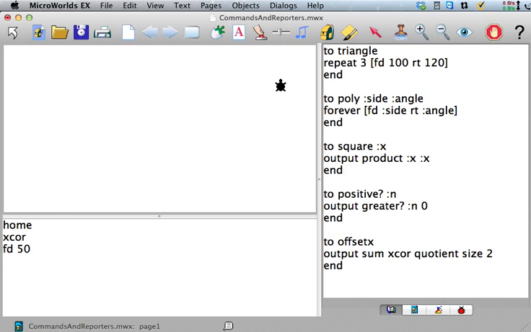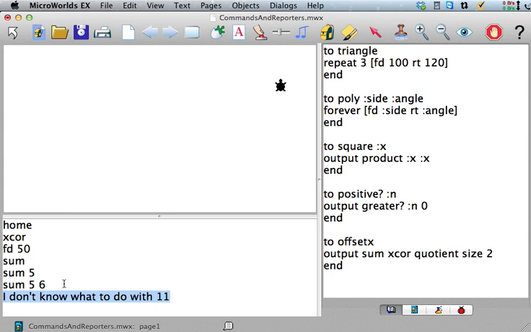And then we saw that some reporters need inputs. So sum needs more inputs. Sum 5 still needs more inputs. Sum 5 and 6, 11. I don't know what to do with 11.